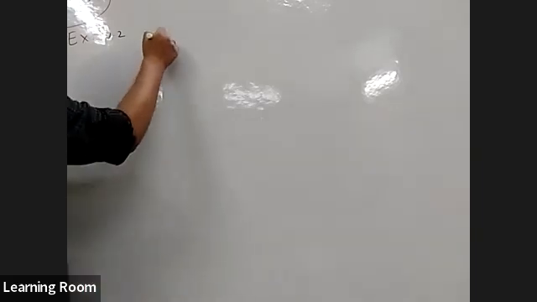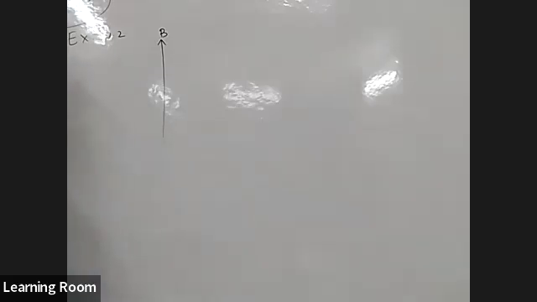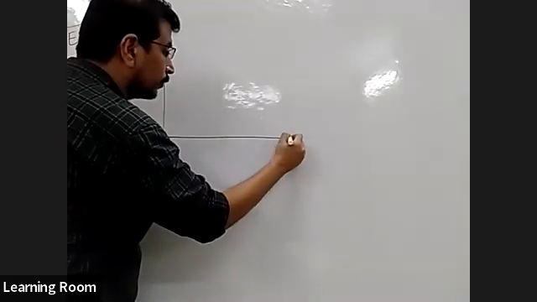So go to page 137. Page 137. Example 4.2 at the bottom. 4.1 that is done. 4.2 only. So what is given there? The magnetic field is parallel to the positive y-axis. And the charged particle is moving along the positive x-axis.